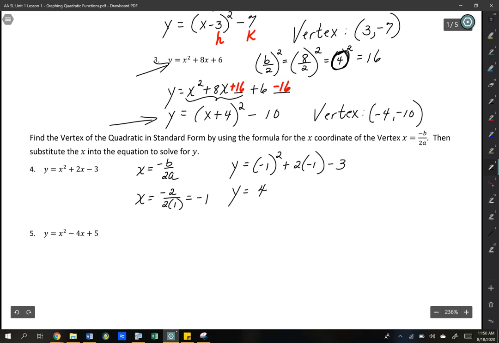So our vertex is going to be -1, 4. Right? This is just another way of approaching that same idea where we need the vertex and our quadratic is in standard form.